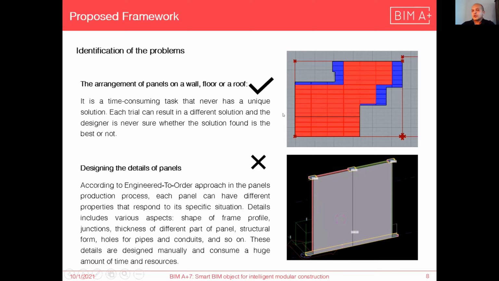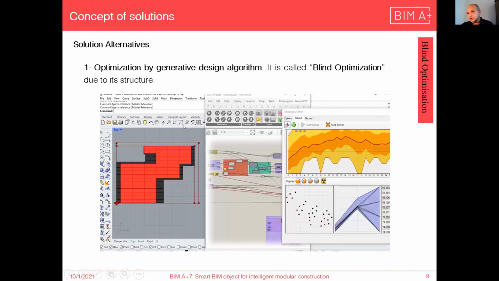I decided to solve the first problem: how to arrange the panels in a floor, wall, or roof in the most optimized way. There were two options for me: blind optimization, where I can use Galapagos in Grasshopper or Refinery in Dynamo.